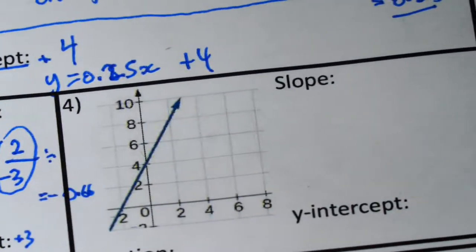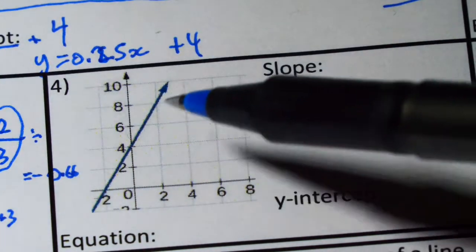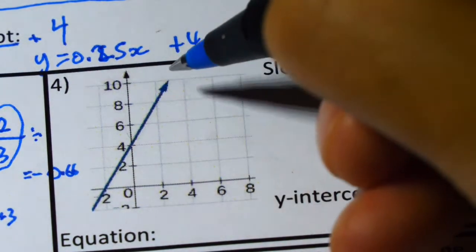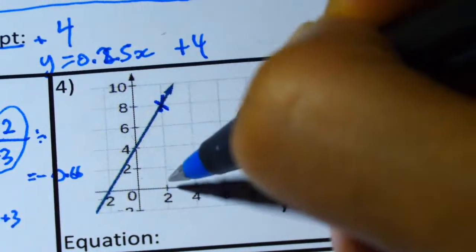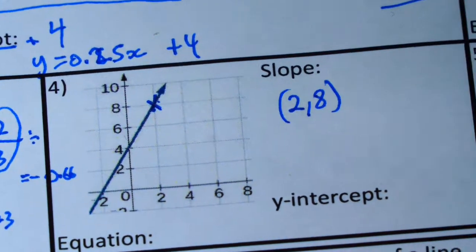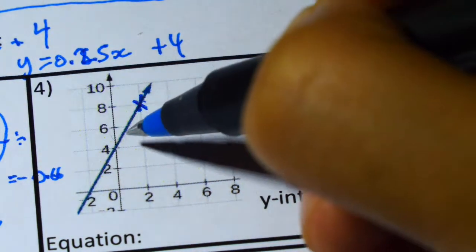Okay. Question 4, slope. Again, we have to pick 2 points. Now on this graph, they don't give us the points, so we have to pick the points. It can be any 2 points. So I'm going to pick this point here, 2, 8. And I'm going to pick another point.